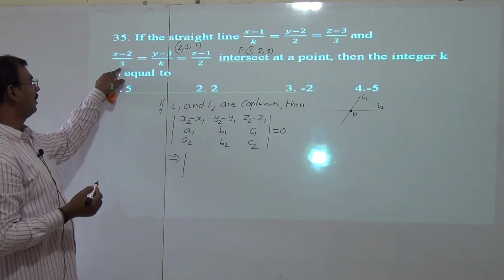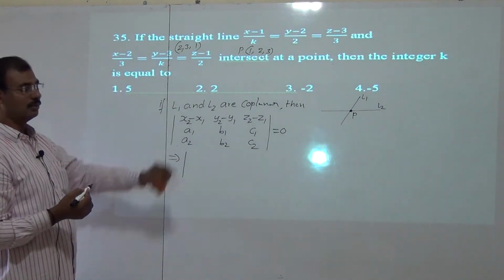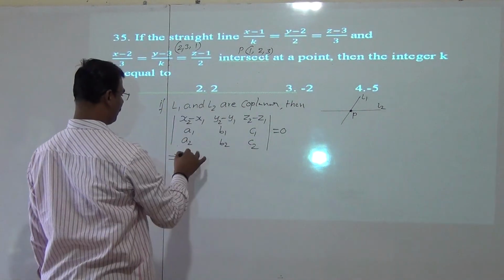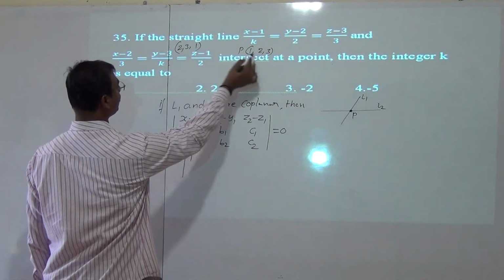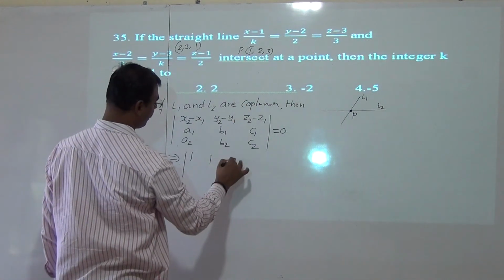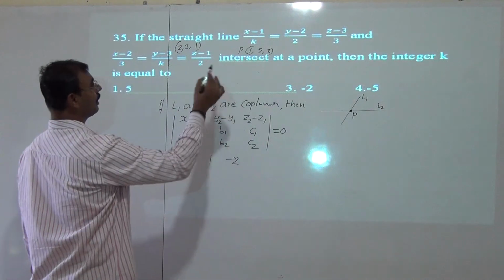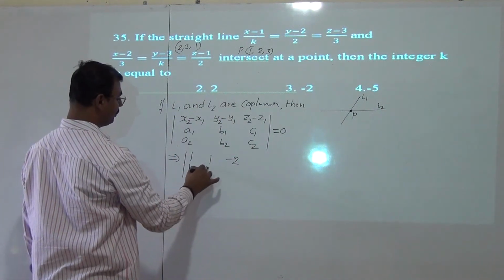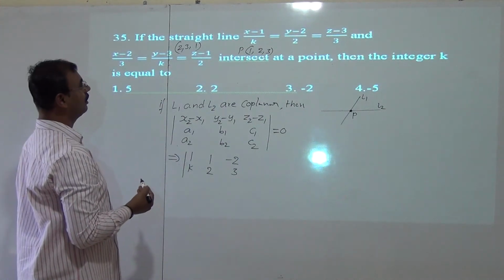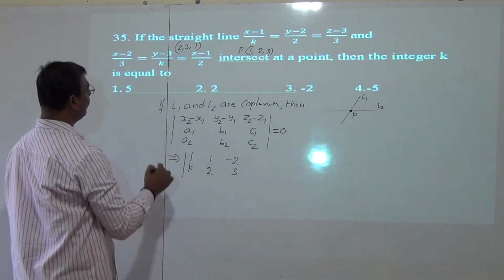For the second line, the DRs are 3, k, 2. Substitute here: 2 minus 1 is 1, 3 minus 2 is also 1, 1 minus 3 is minus 2. Then k, 2, 3, and next 3, k, 2.